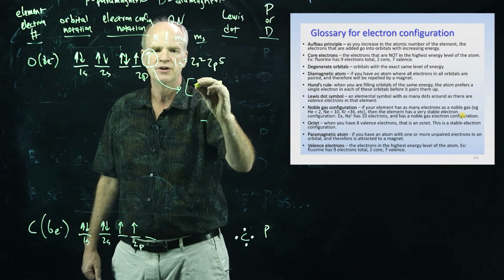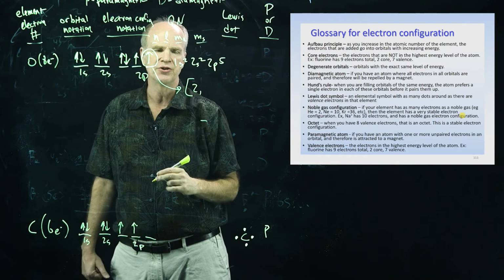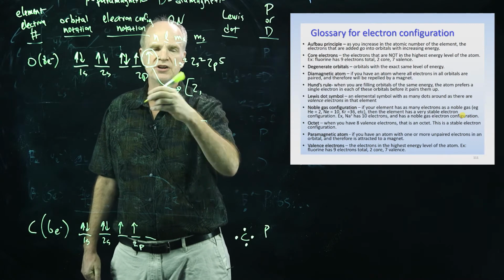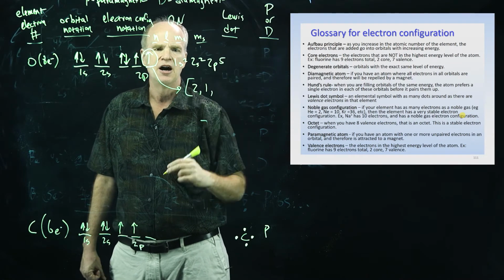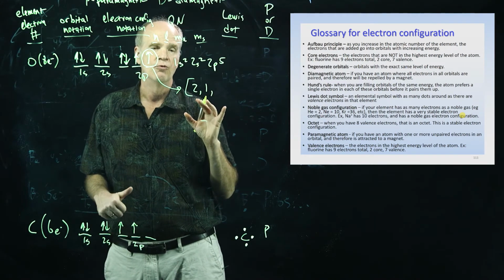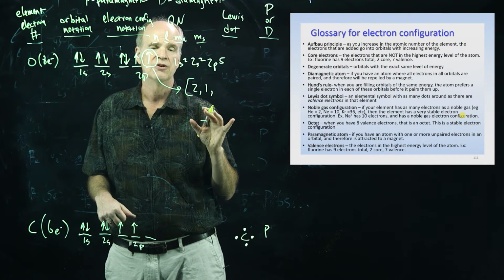And so it looks like it's in the 2nd energy level, so n is equal to 2. L is going to be equal to 1 because it's the p sublevel. M sub L, well, your choice is either 1, 0, or -1.